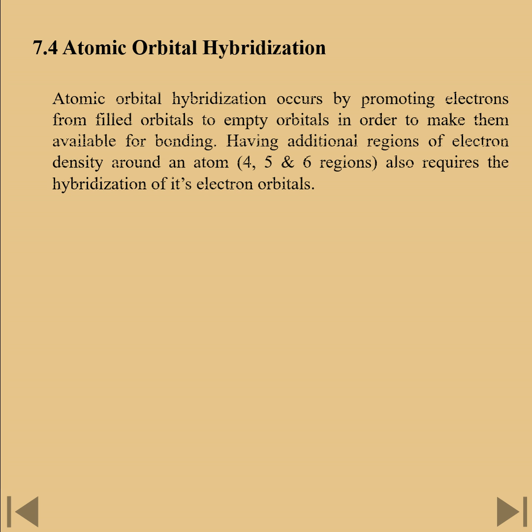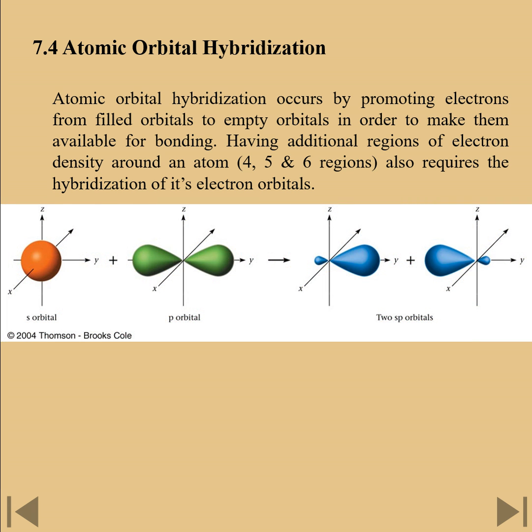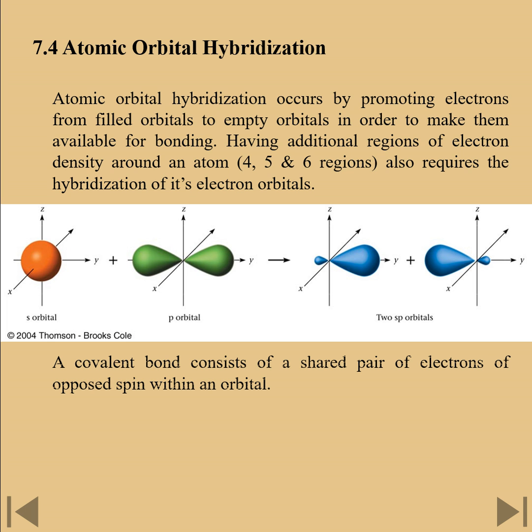Okay, on to atomic orbital hybridization, and we have hybridization of our atomic orbitals. So remember those atomic orbitals, the S's, P's, D's, and F's. For right now, we'll talk about S's, P's, and D's. F's aren't going to come into it too often.